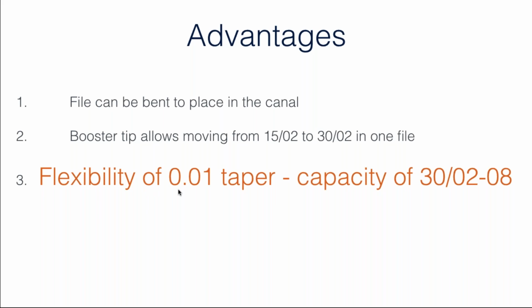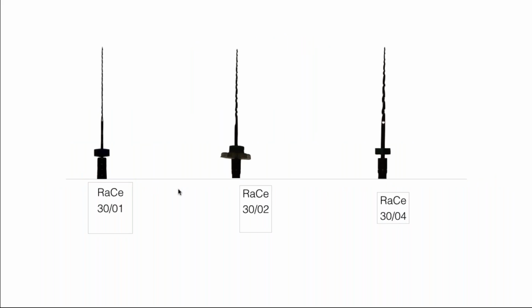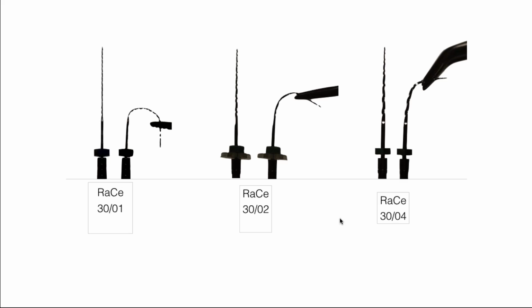And once you're at the 30, now you need to increase the taper. Right? So it's going to keep the flexibility, and you're going to increase the taper. Now, this is just to show you that you have a 30 tip but an 01 taper, a 30 tip but an 02 taper, and a 30 tip but an 04 taper, and the flexibility of the instrument is completely different.